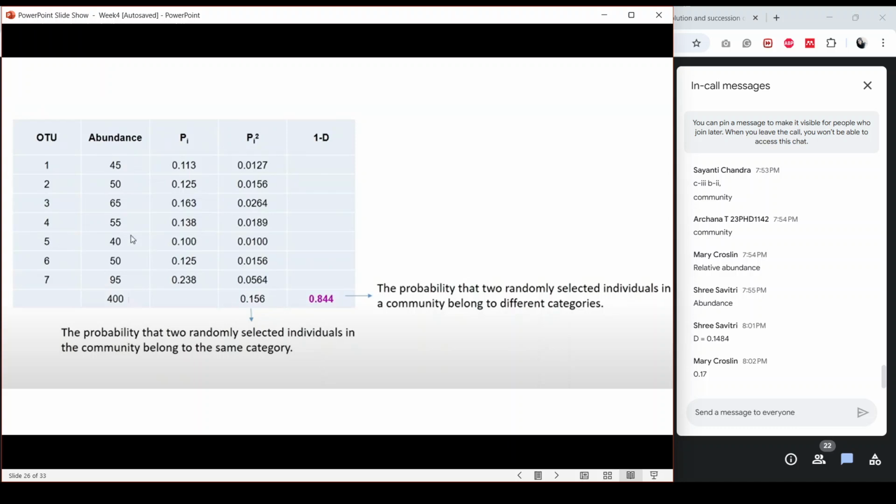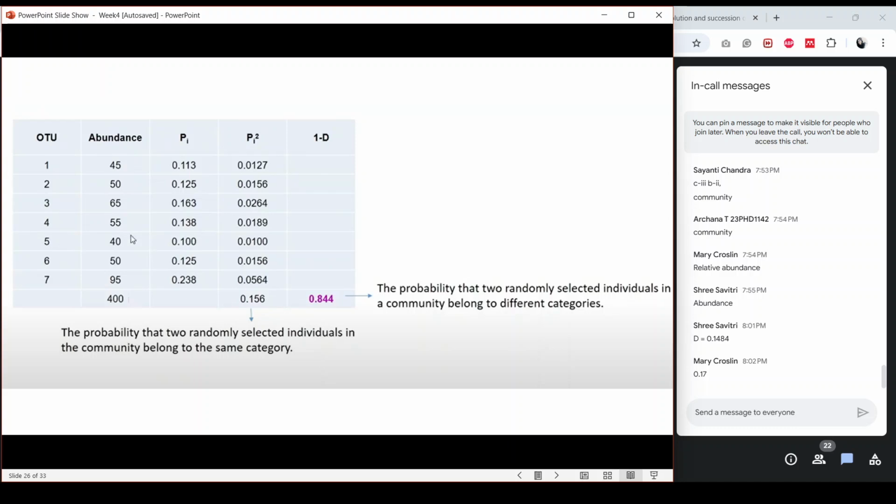So this is the solution. We have the OTU abundance. We need to calculate the Pi, then Pi square, then 1 minus D. Okay, everything is written here.